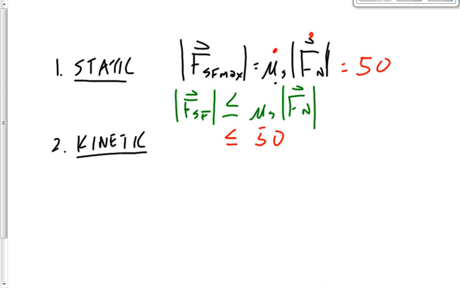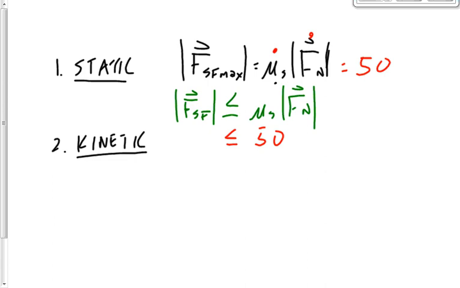If I push on John's desk with a force of 25 newtons, it doesn't move because the maximum possible value is 50. I didn't exceed that. Static friction in that case would simply be the force that I applied, 25 newtons. If I push on it with 49 newtons, it doesn't move. It's static friction because we're less than that maximum possible value of 50.